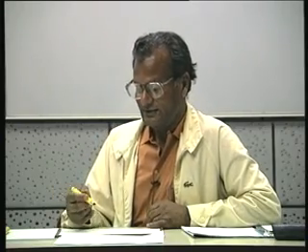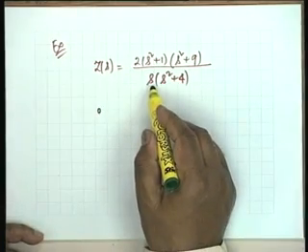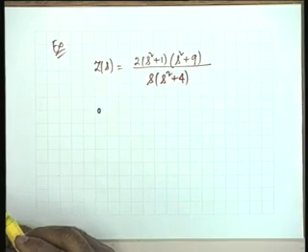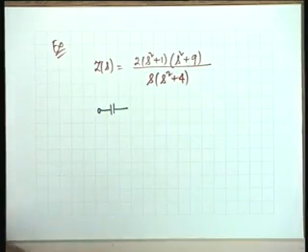Alright, without finding the element values. We will find the element values later, but can we, by looking at the function, determine the 4 basic canonic forms? Well, for example, if I want Foster 1, I argue, does it have a pole at the origin? Yes, it does. The occurrence of s in the denominator shows that it has a pole at the origin, therefore, we must have a capacitor in series.